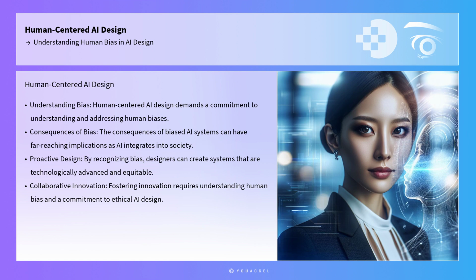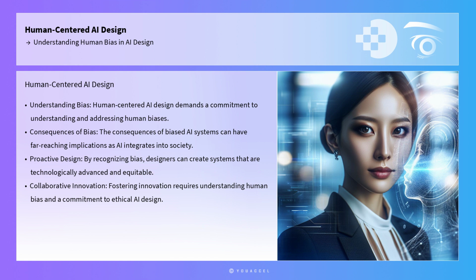Human-centered AI design demands a commitment to understanding and addressing human biases. As AI continues to evolve and integrate into various aspects of society, the consequences of biased AI systems can have far-reaching implications. By recognizing the sources and impacts of bias, AI designers can take proactive steps to create systems that are not only technologically advanced, but also equitable and just.